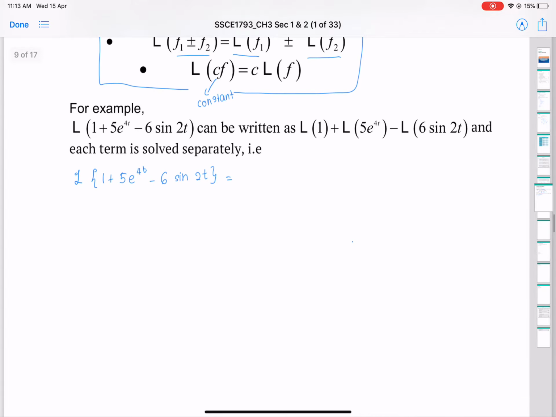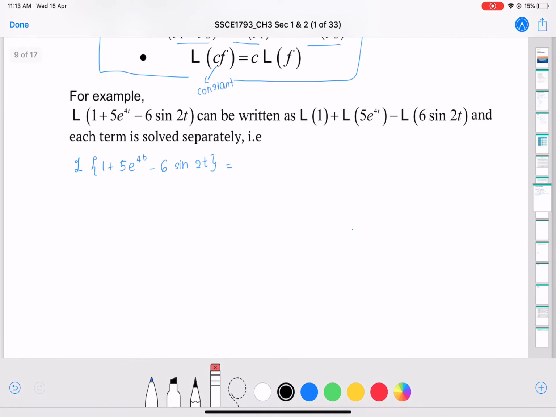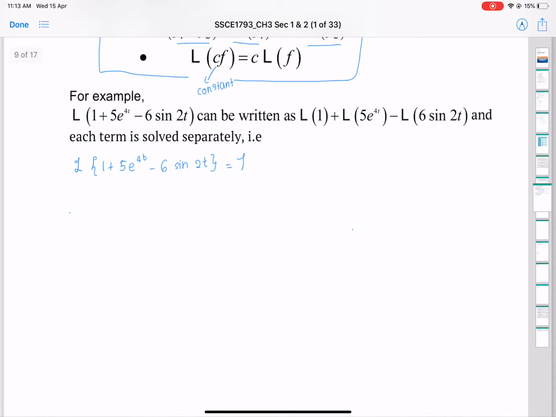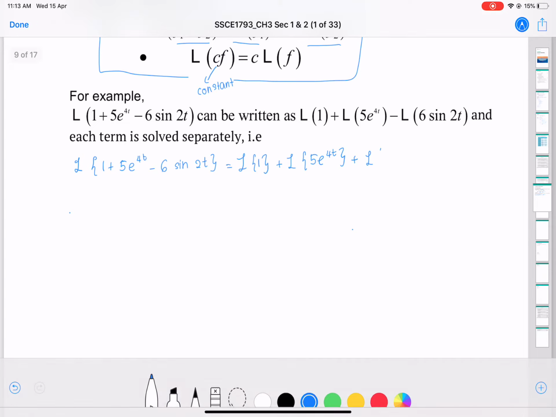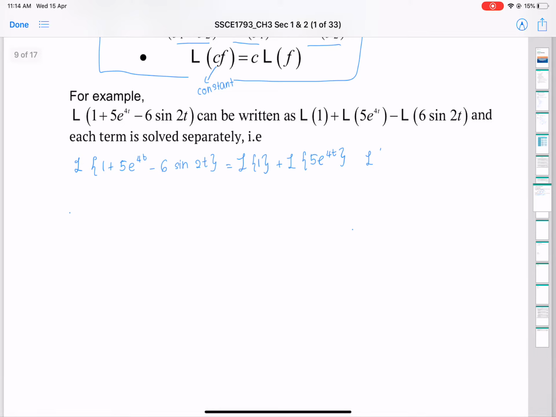So I will have the Laplace of 1 plus the Laplace of 5 e to the 4t minus the Laplace of 6 sine 2t.